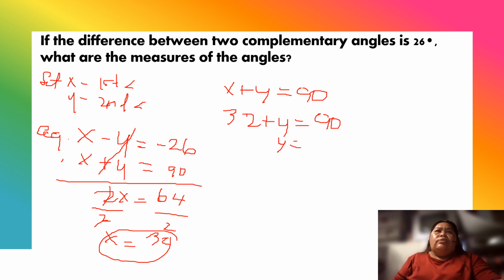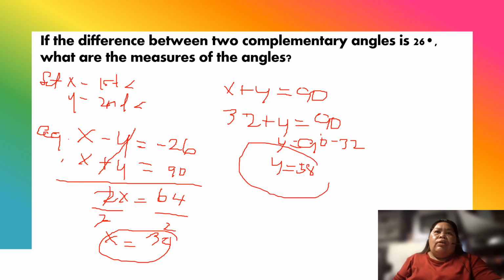So we got 90 minus 32. Y is equal to 58. So now it says that the difference is 26.